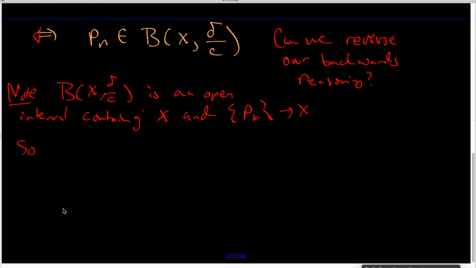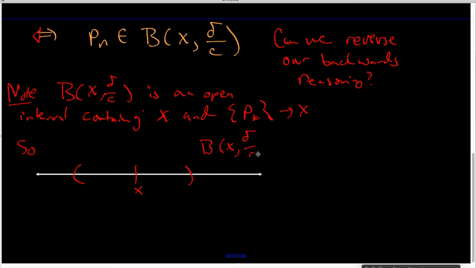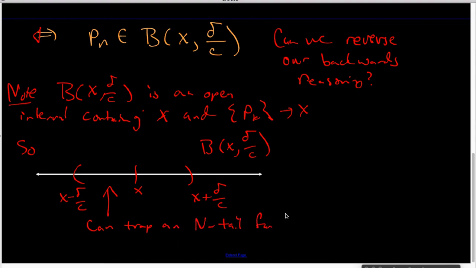So in terms of a picture, if we have x written here and we look at this delta ball centered at x of radius delta over c, so this is x plus delta over c, and this is x minus delta over c, I know that I can trap a tail for this sequence, the sequence of pKs, inside that delta ball.